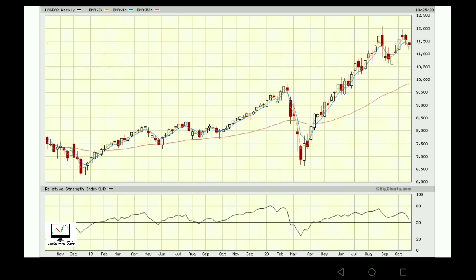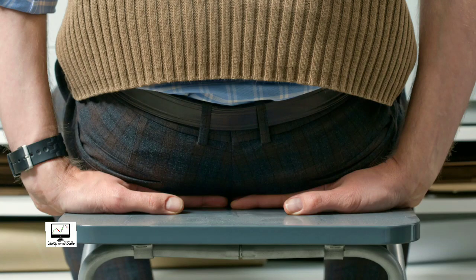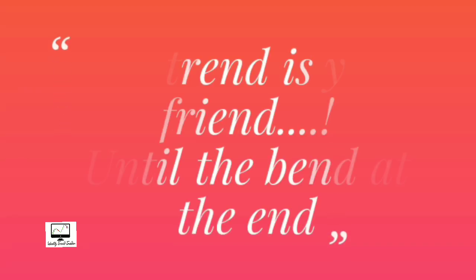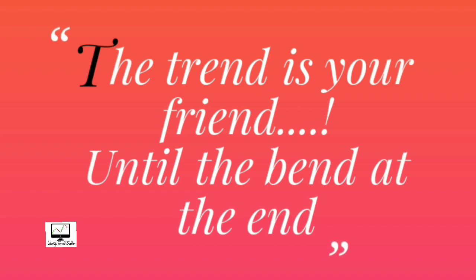2,500 times 5 is 12,500. 12,500 pounds, dollars, or euros for sitting on your hands and riding the trend following trade. In fact, the trend is your friend until the bend at the end.